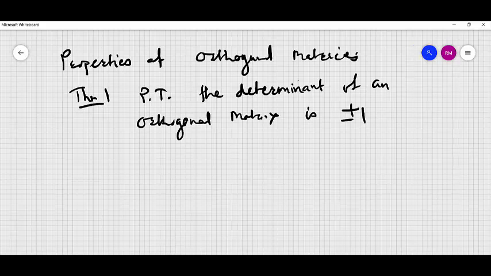So if you are given an orthogonal matrix, its determinant is always either plus 1 or minus 1.